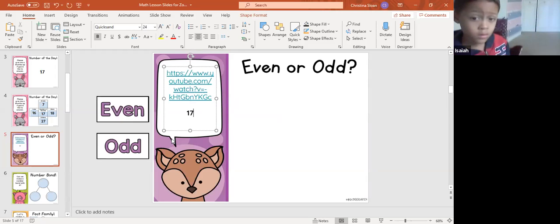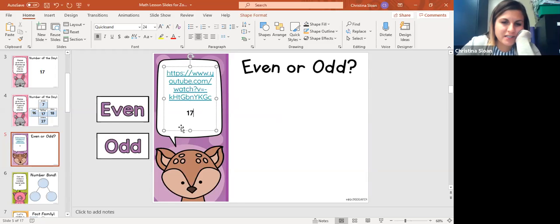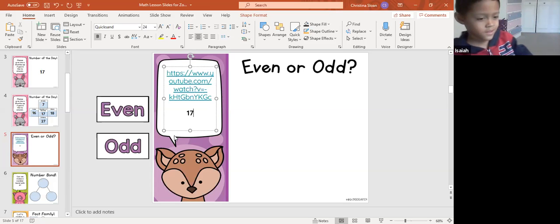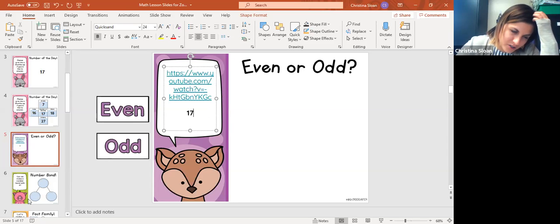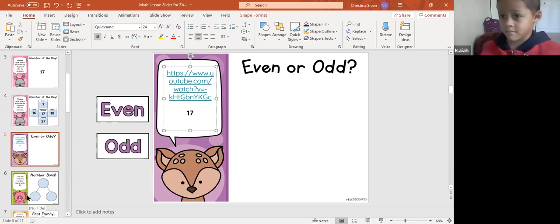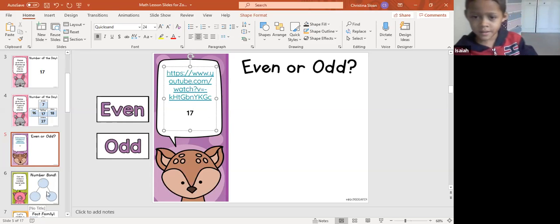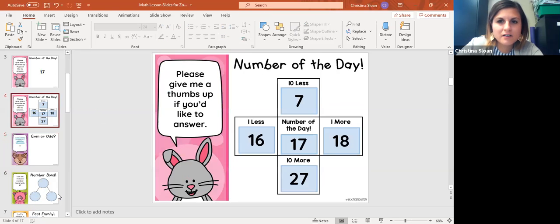There we go. So let's look at the number 17. We can just look at the 7 and the 17. Is that even or odd? I don't know. Can we cut 7 in half into 2 equal numbers? Maybe.